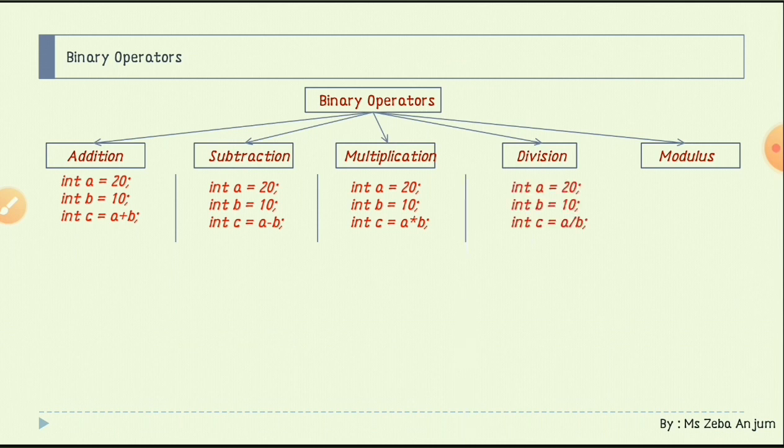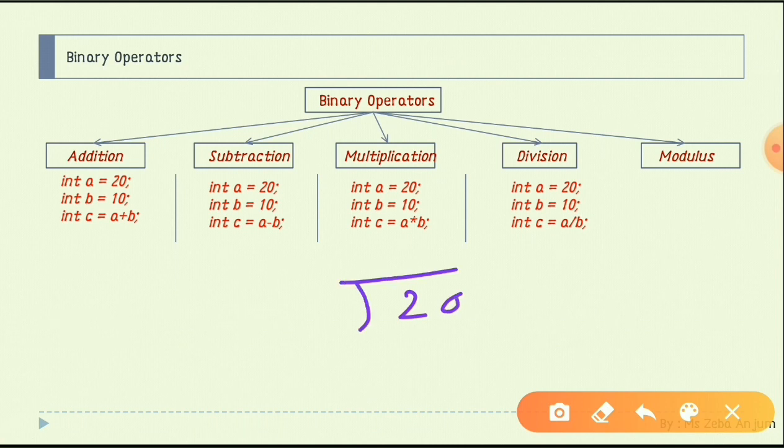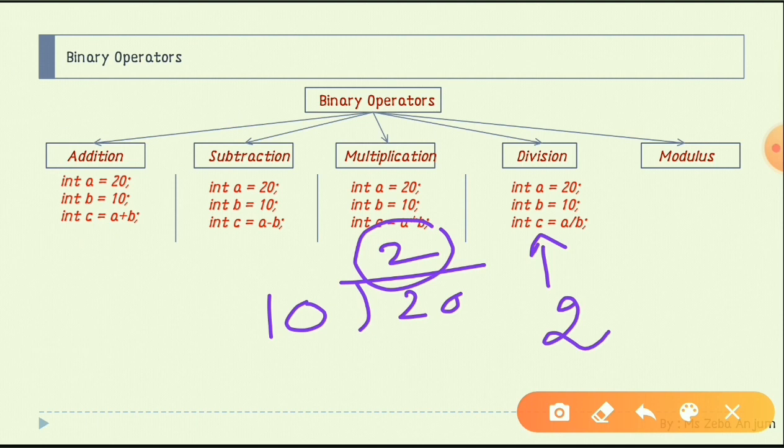Now here comes the difference between division and modulus. For division you will be getting only the quotient. So when you are dividing 20 by 10, you will get 2 as the quotient, so 2 will be stored in the C variable over here.